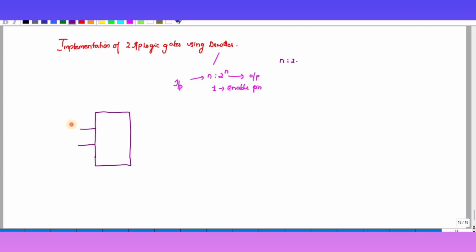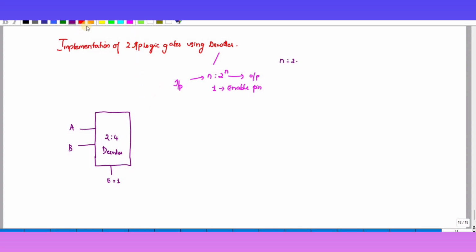Let me name them A and B. So 2 to 4, 2 power 2 is 4, with one enable pin. The enable pin must be 1 in order to activate this decoder. If the enable pin is 0, the input will not reach the output.